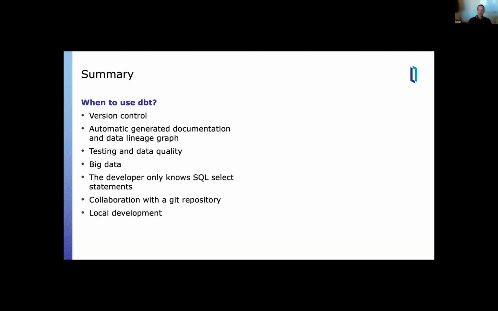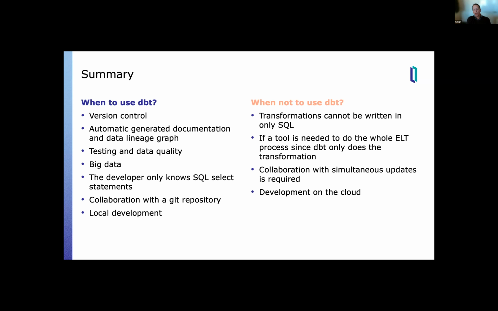And the developer, if they really know SQL and select, that's probably good enough for their SQL knowledge, and any kind of Python knowledge can be useful. If you can collaborate with that Git repository, of course, that's a good thing. And of course, local development. You have to be developing this locally. You can develop it locally or in the cloud.